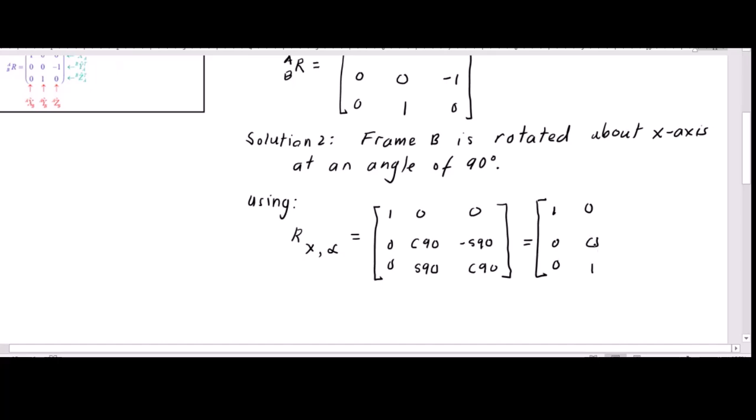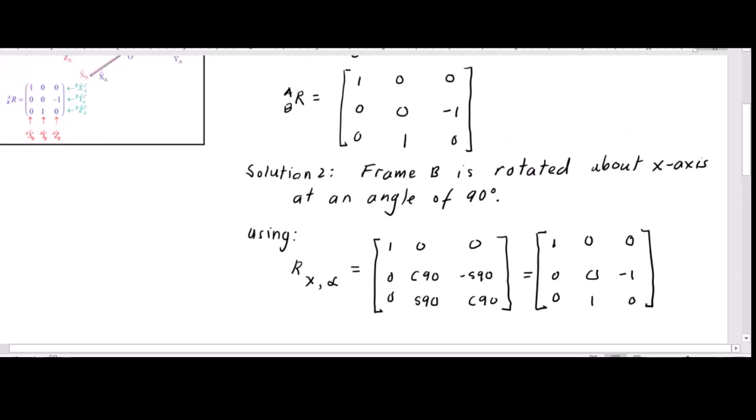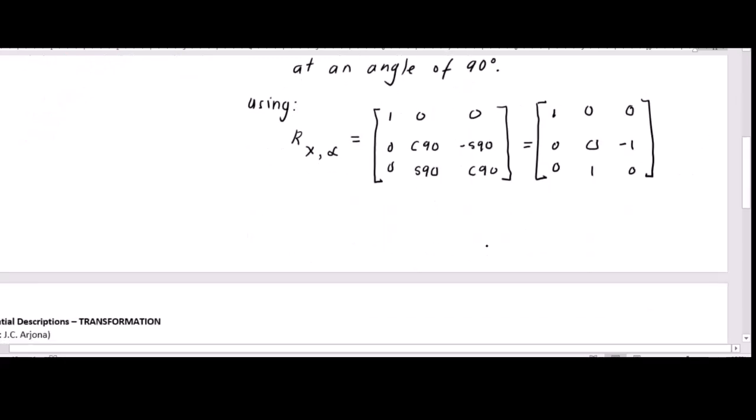Then here is 0, and what is sine of 90? It is 1. Since it's negative, you get negative 1. And for cosine 90, this is 0. So as you can see, they are the same. Okay, now let's proceed.